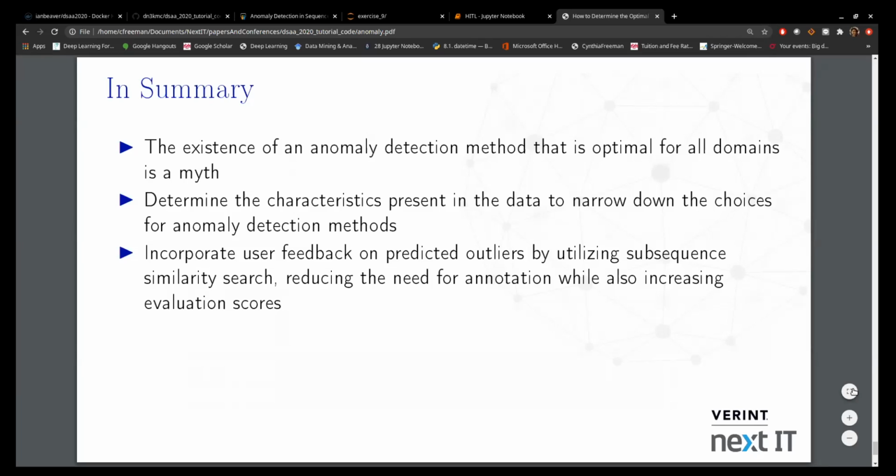In addition, by employing mass and reducing prediction clusters, we can reduce the number of false alarms, potentially increase evaluation scores, and not have humans tag the entire time series and instead just tag a portion of predicted anomalies.